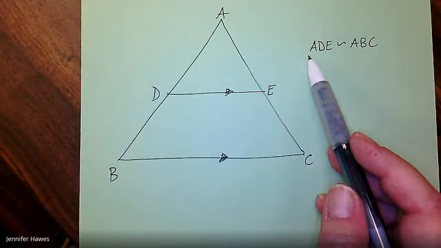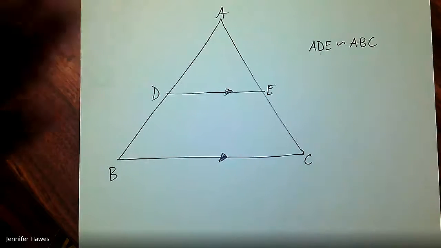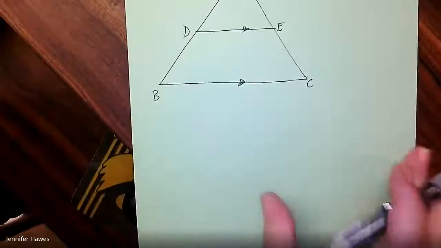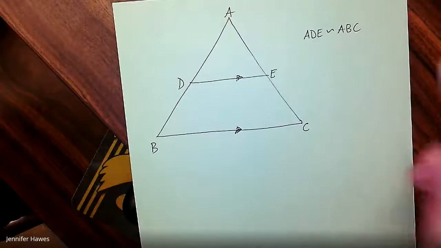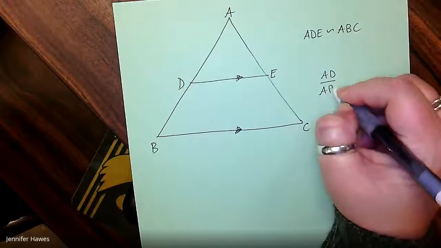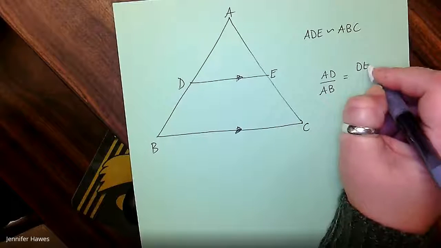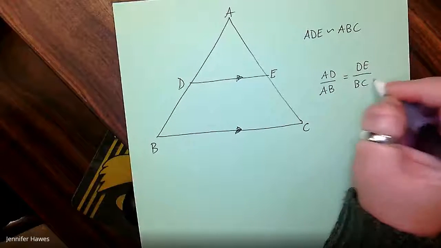If you set up proportions, you could set up AD over AB equals DE over BC.